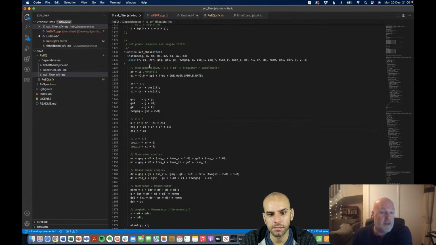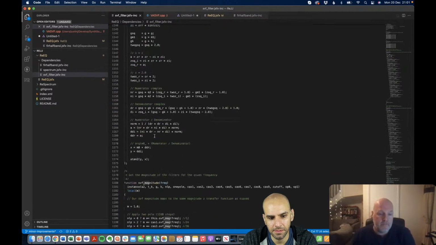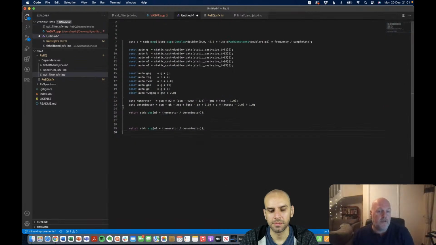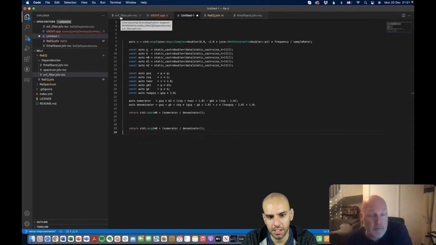So all I've really got to do is render it. And you can see here at the bottom of phase there's an ATAN2, and that's essentially what the arg is doing. It's getting the angle. So here you've got the magnitude, and there you've got the angle, which is what the phase is. It's essentially the angle given a certain frequency. It's fairly straightforward to render as well. So it's just a case of me getting around to doing it, but that'll be in really soon.